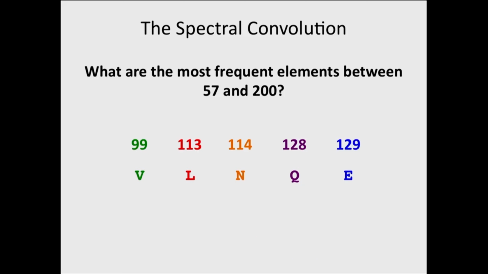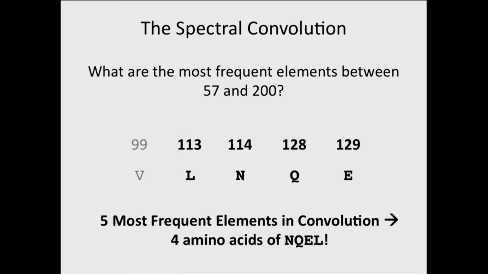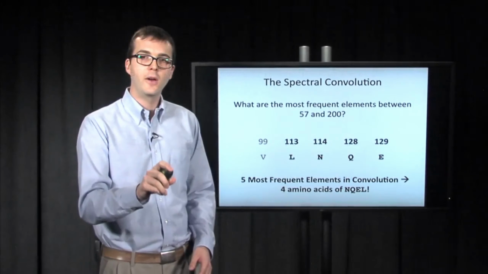The 5 most frequent elements that I highlighted are 99, 113, 114, 128, and 129. And when we convert those from the integer mass table, we see that that's V, L, N, Q, and E, right? They correspond to those letters. So if we take the 5 most frequent elements, 4 of them are going to give us the amino acids of NQEL. So this is really promising on this small example.